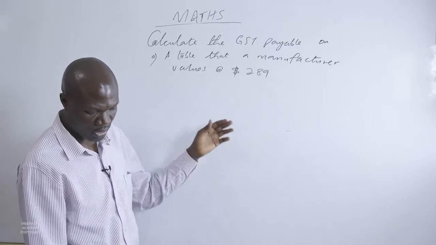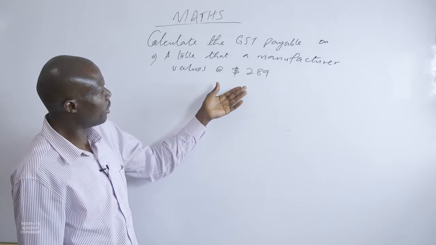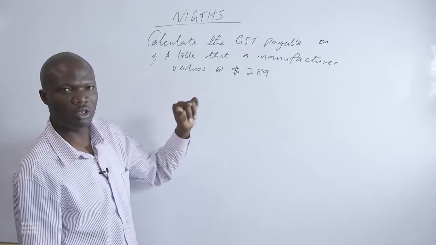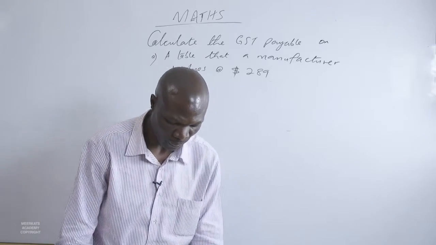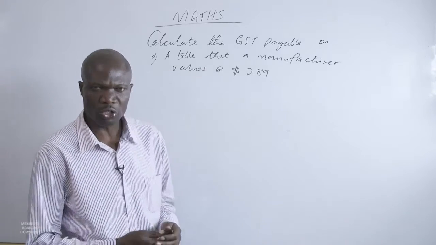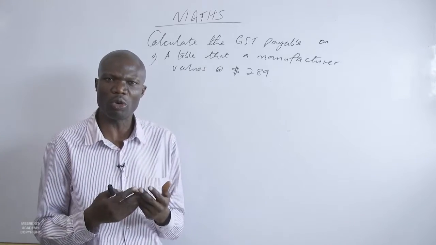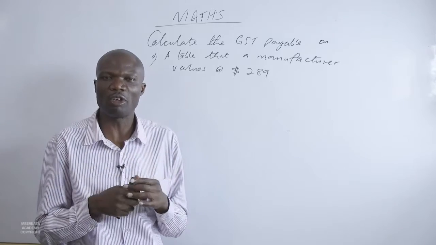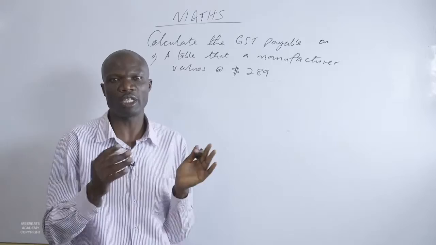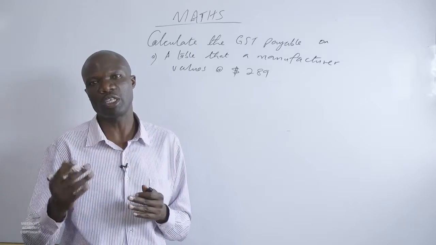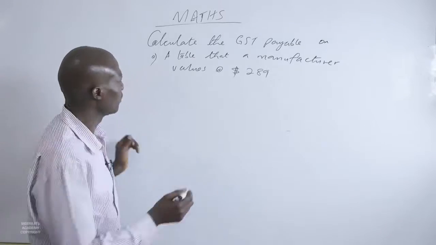This is the cost, so we need to calculate the GST that will be charged on it. The GST is 10% of the cost, so if it is valued at $289, we want to find out what the 10% is.